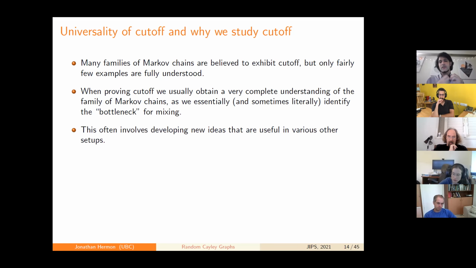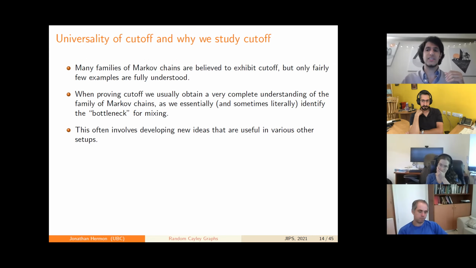So we get a very complete picture of it, because essentially, and sometimes quite literally, we identify what is the bottleneck for mixing. Okay. And doing so often involves developing new ideas that end up being useful for various setups.